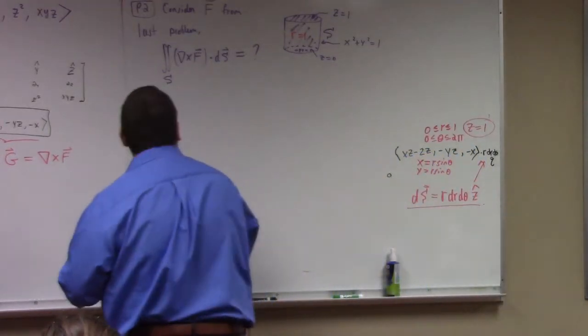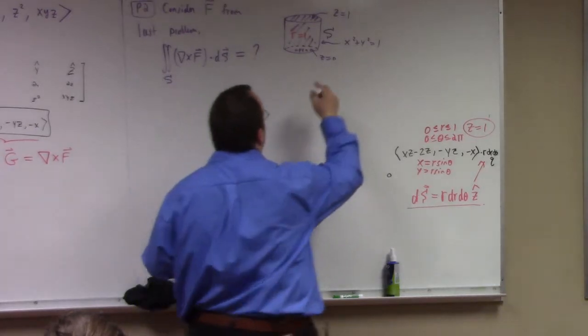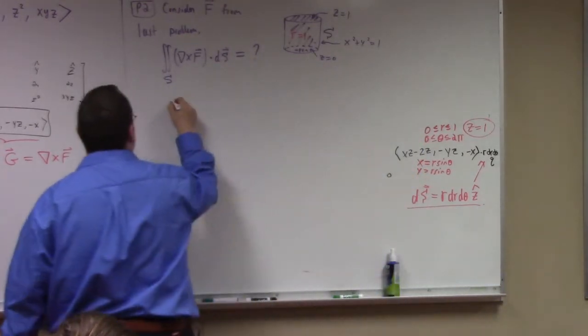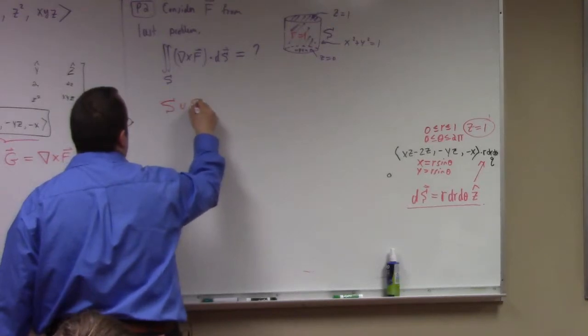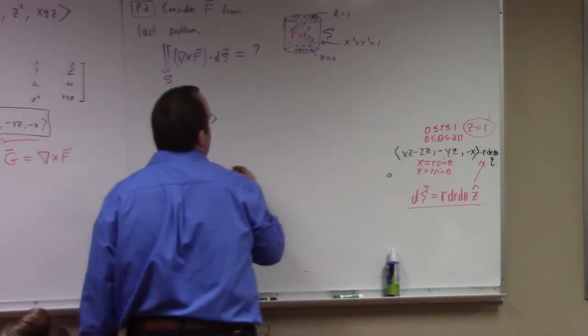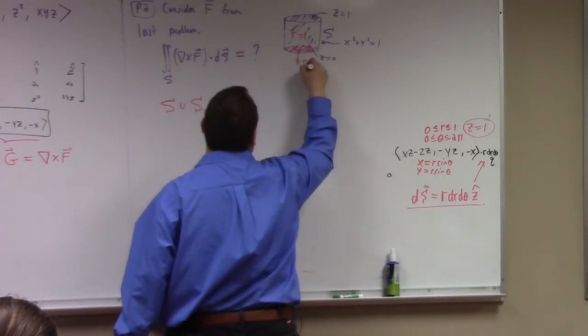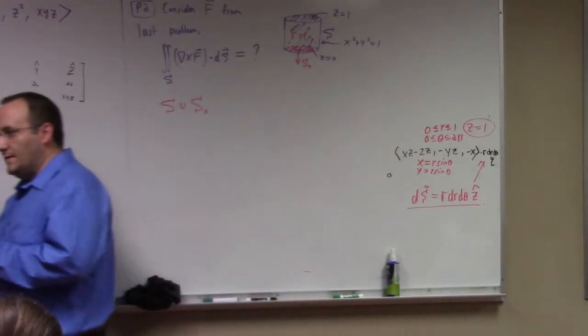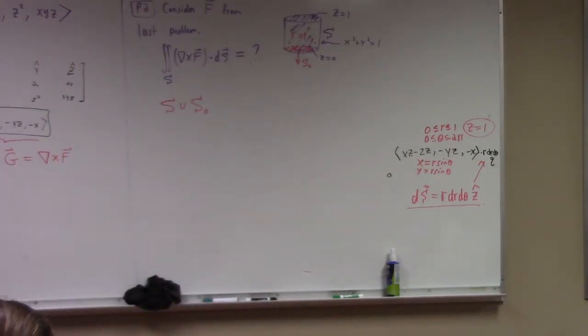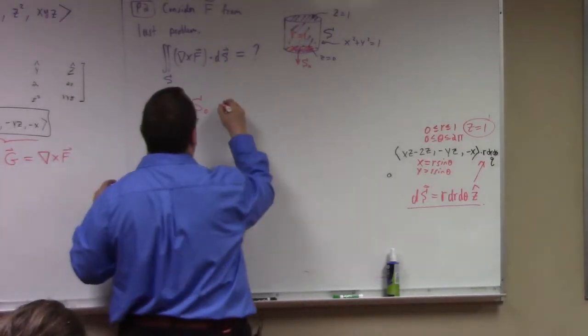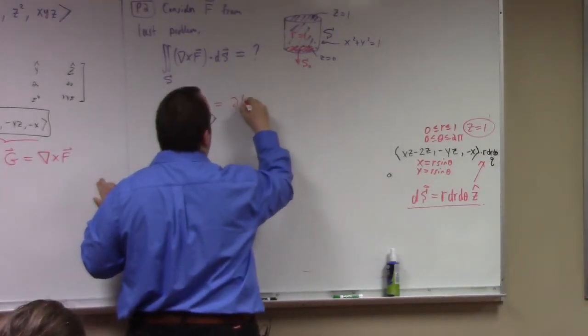So the idea of this problem is that if we take S union S naught, where S naught is this piece right here, the downward oriented disk at z equal to 0, then S union that is the boundary of a closed solid cylinder.